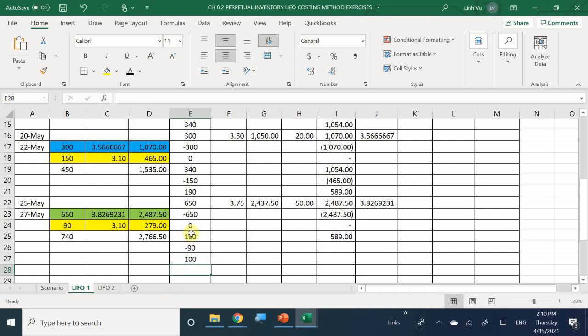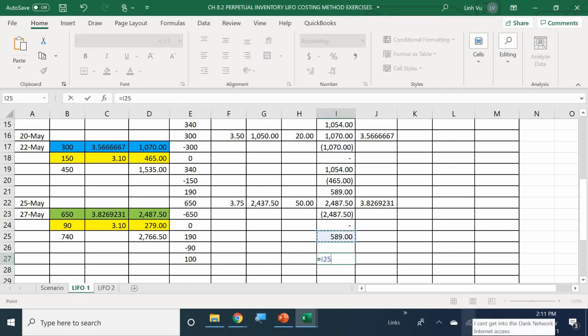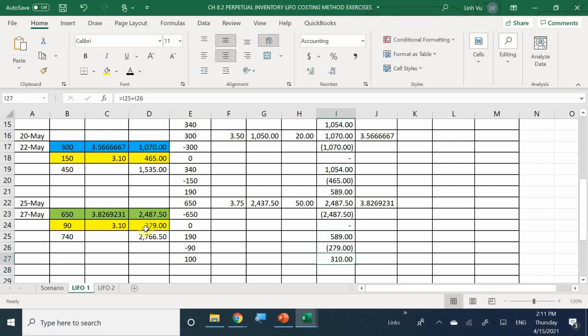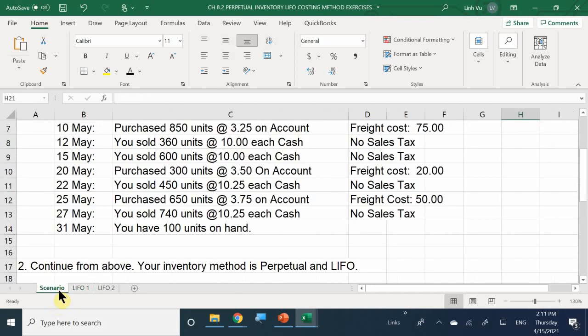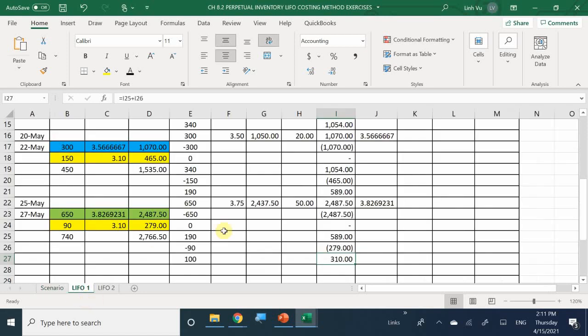A balance of 100 at $3.10 total cost. Perfect. At the end of May, how many items should you have left? 100. And that's exactly what we got.